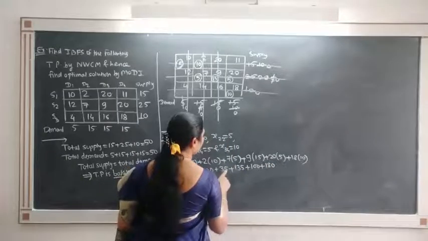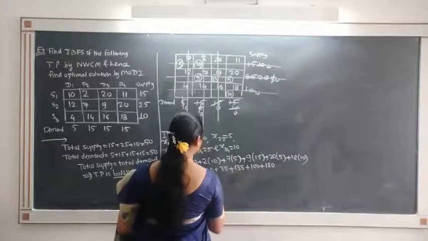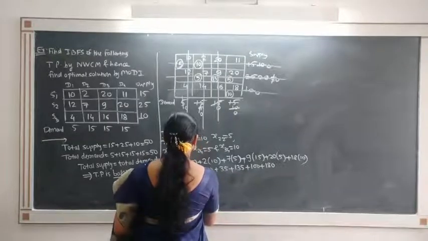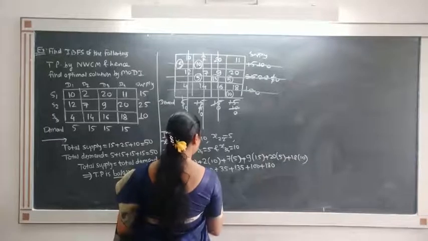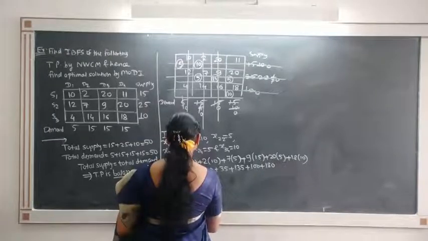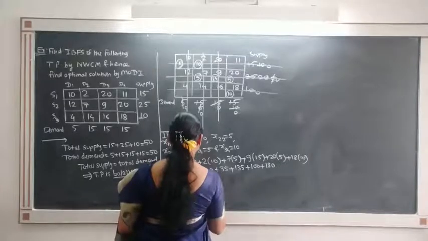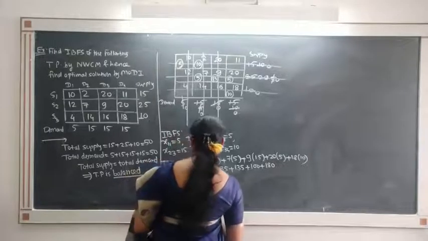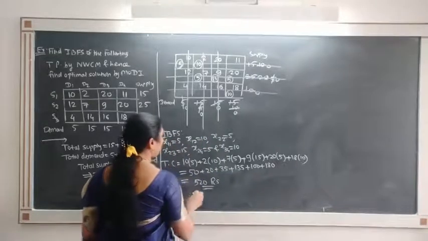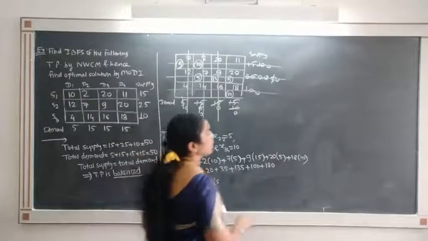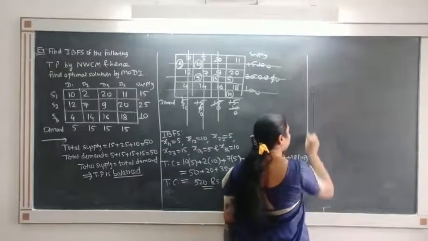It becomes 105 plus 135, that is 240, plus 100 is 340, and 340 plus 180 becomes 520 rupees. Therefore, the transportation cost comes to be 520 rupees by the northwest corner method.